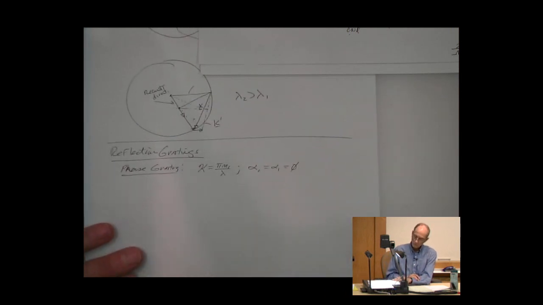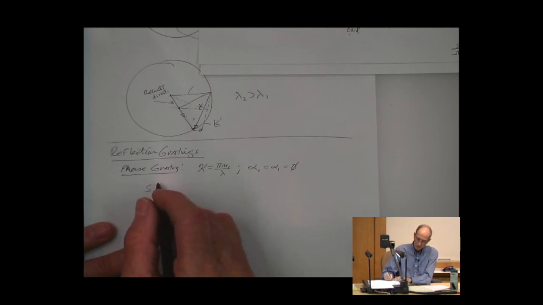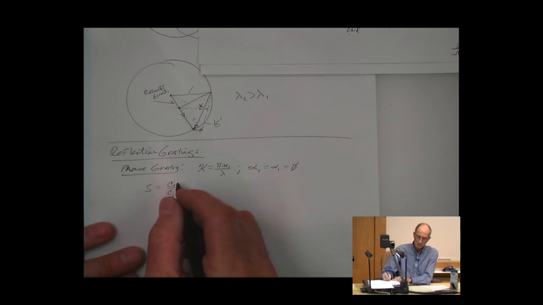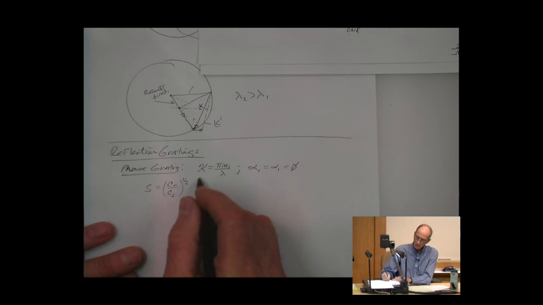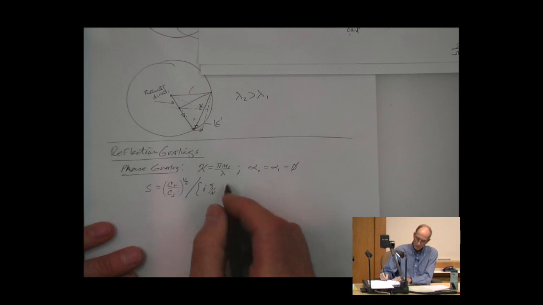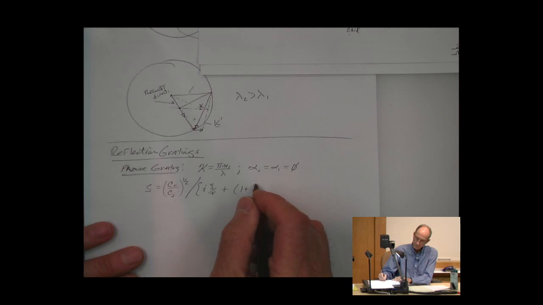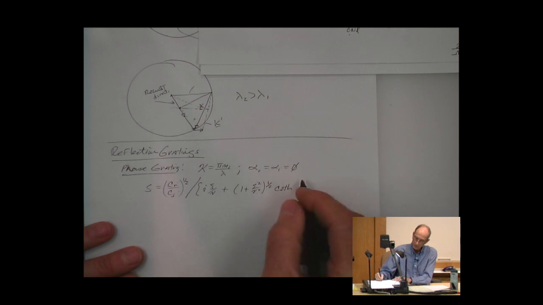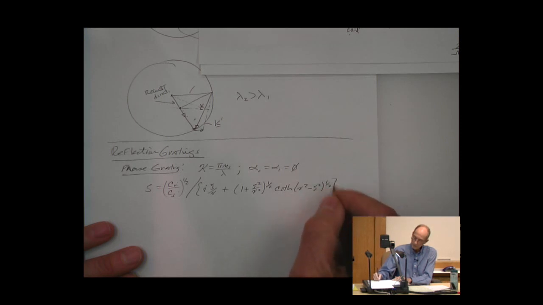If we plug those values into our general equation for the reflection hologram, we end up with an amplitude function S, which is equal to (C_r over C_s) to the 1/2, being the cosines of our reconstruction and diffraction beams, divided by j psi over nu plus (1 plus psi squared over nu squared) to the 1/2 times the hyperbolic cotangent of (nu squared minus psi squared) to the 1/2. Okay, so all of this is in the denominator.